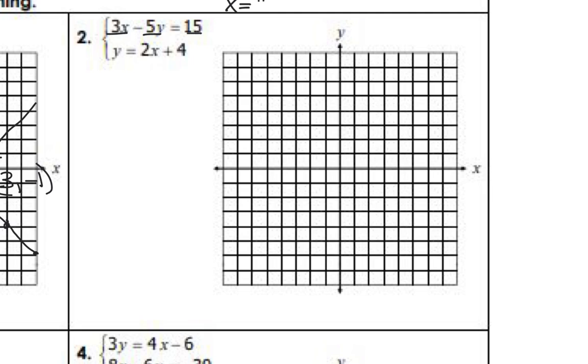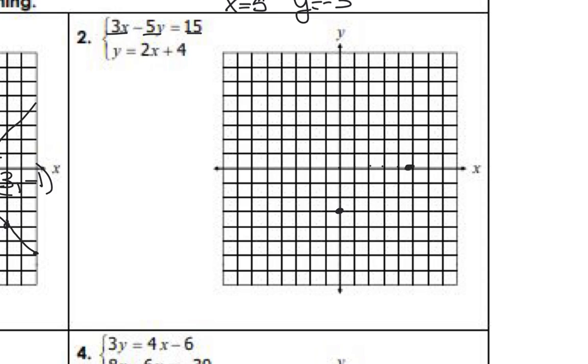So this one, my x-intercept, 15 divided by 3 is 5. My y-intercept would be 15 divided by -5, which is -3.